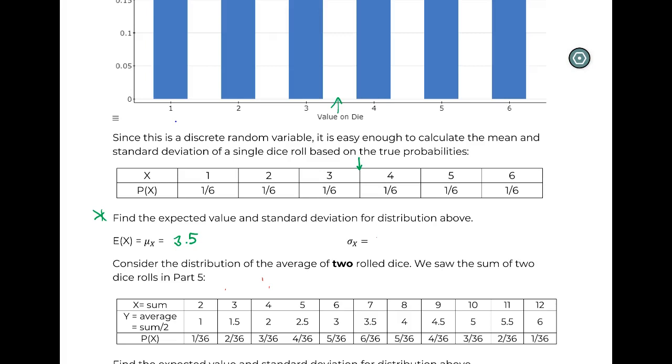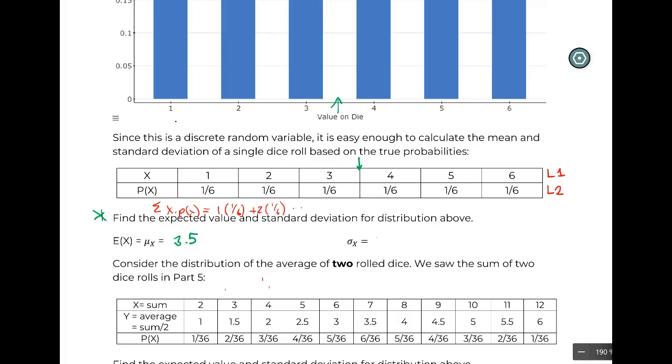But if I wanted to actually find this out, the easiest way to get your mean and standard deviation here is to go back to what we did back in the day: set up all of our x's as L1, and set up all of our probabilities of x as L2. We could even use the formulas on the formula sheet, so the expected value would be all the x's times their probabilities, which would be 1 times 1/6 plus 2 times 1/6.